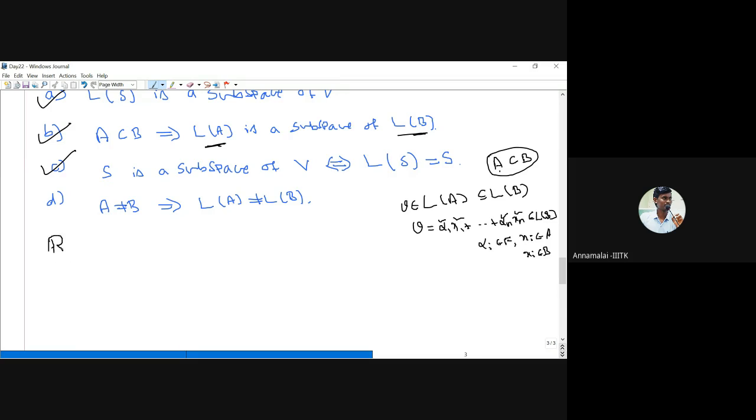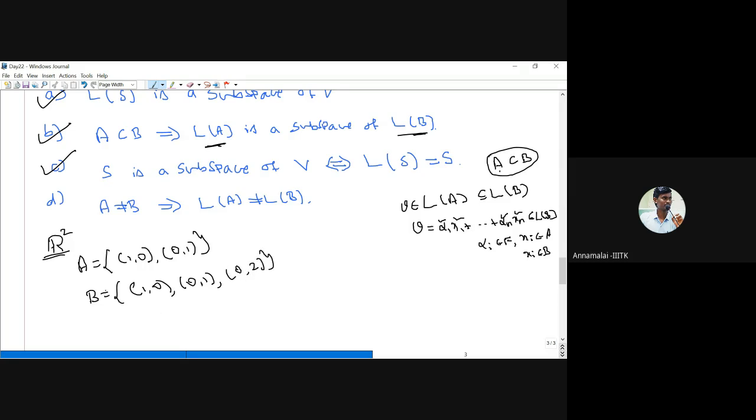In R2, I take A equal to the standard basis, 0, 1 and 1, 0. This is one set. I am taking another set B: again take 1, 0, 0, 1, and some other element. Suppose I take 0, 2.